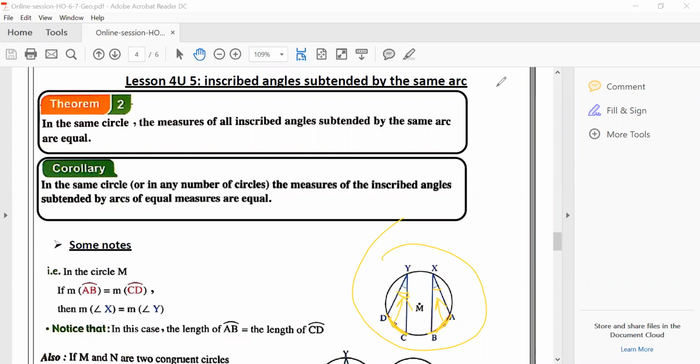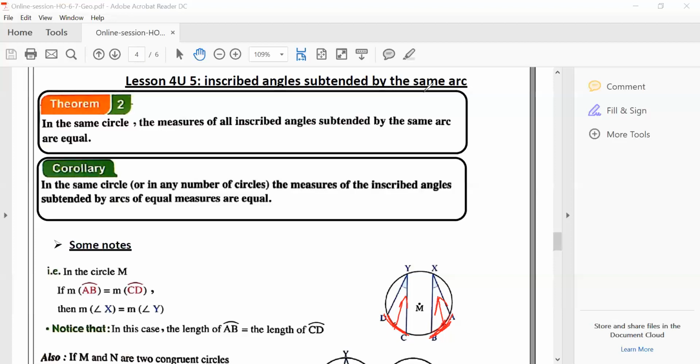Okay, so the theorem says any number of inscribed angles subtended by the same arc are equal in measure. And if you have two arcs with the same measure, يعني the measure of two arcs are equal, then the opposite inscribed angles are equal in measure too.